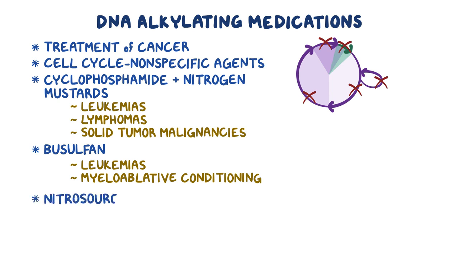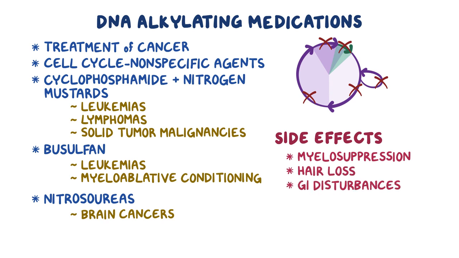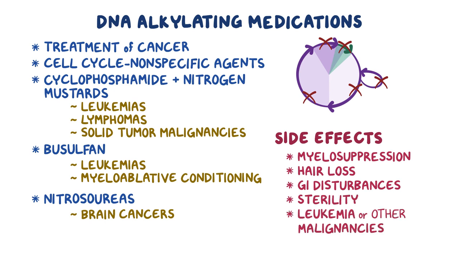Nitrosoureas cross the blood-brain barrier and are mainly used in brain cancers. Side effects of all alkylating agents include myelosuppression, hair loss, gastrointestinal disturbances, and, after prolonged use, sterility and high risk for developing leukemia or other malignancies.